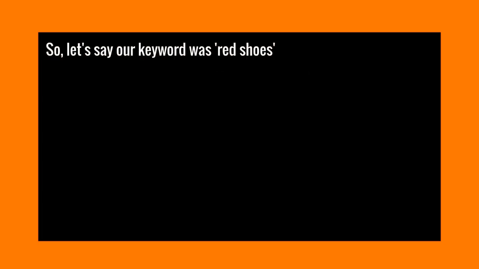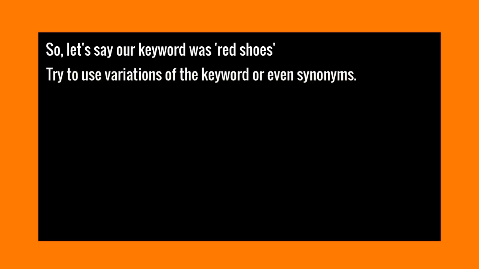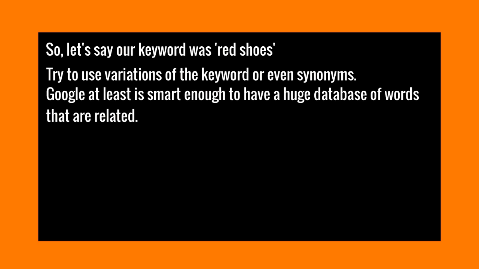You also want to try to use variations of your keywords. Let's use the example that we talked about earlier in the URL structure video, which was red shoes. You want to try to use variations of the keyword or even synonyms. Google at least is smart enough; they have this huge database of words that are related.